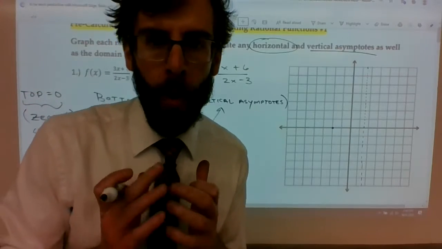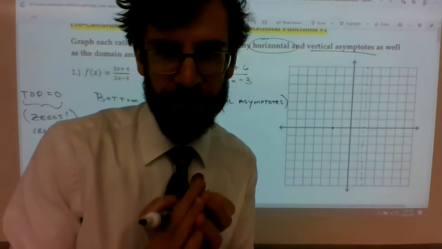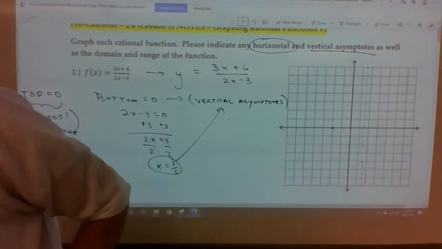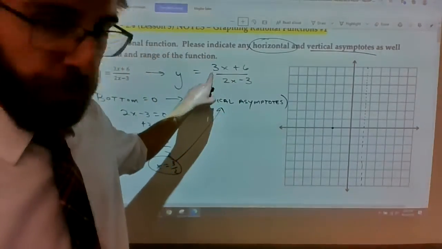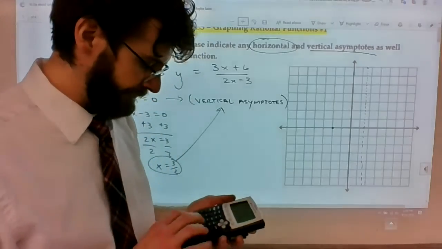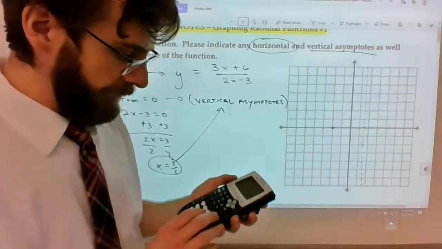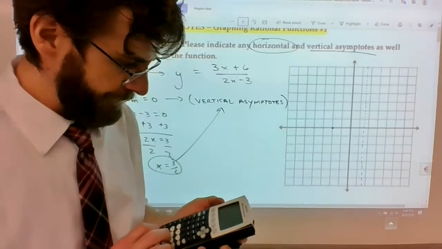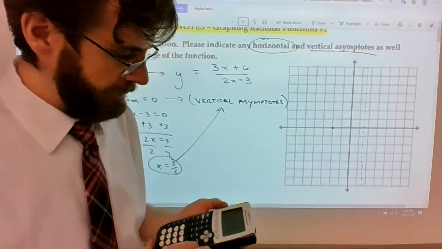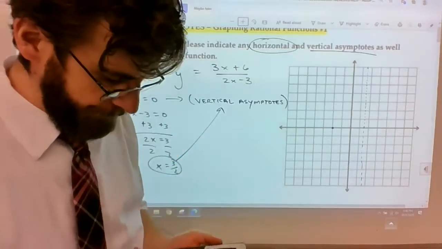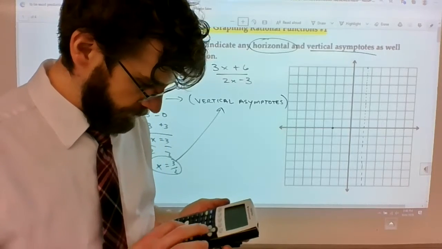It's kind of like, what's the leveling off point for this graph? The easiest thing you can do at this point is to plug in a really big number for x. So I'm going to plug in 1,000,000. So it's going to be 3 times 1,000,000, so 3 million, plus 6 divided by 2 million minus 3.